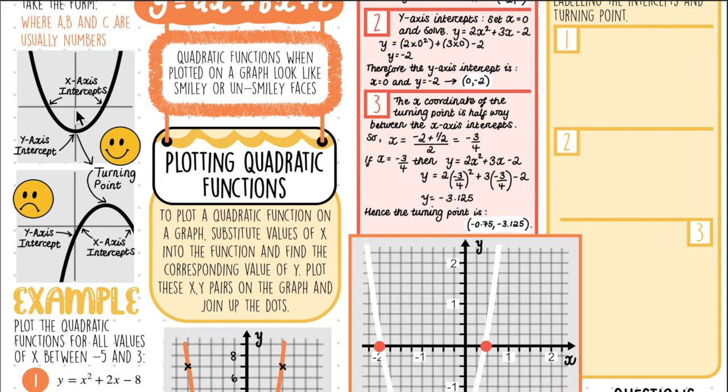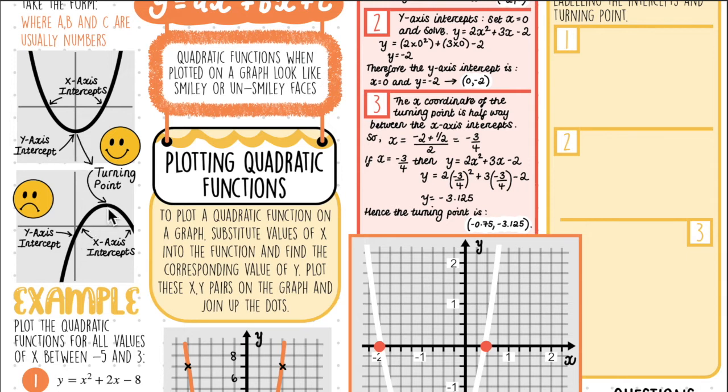It is the point at which x is equal to 0. Remember, the y-axis here crosses the point at which x is equal to 0. So they are the x-axis intercepts, and this is the y-axis intercept. And on this example here, these are the x-axis intercepts, where they cross the x-axis, and the y-axis intercept is here. It's where the quadratic function crosses the y-axis.